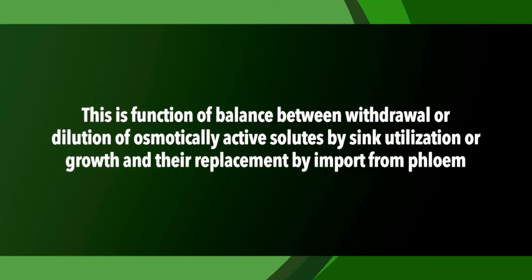An obvious candidate for a coordinating signal is cell turgor pressure. This is a function of the balance between withdrawal or dilution of osmotically active solutes by sink utilization or growth and their replacement by import from the phloem.